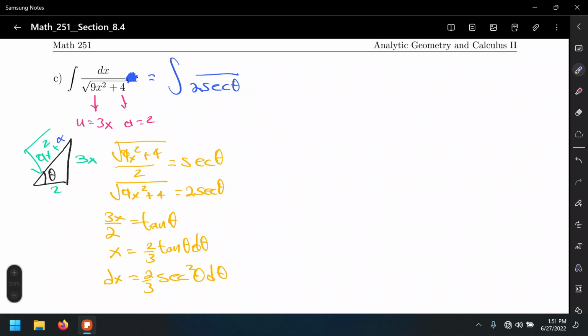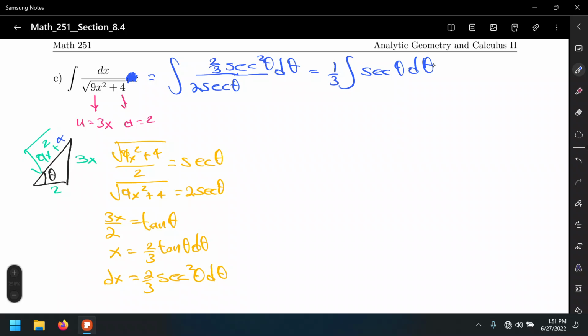On the outside, 2/3 secant squared theta d theta. All right, so the good thing, a lot of stuff cancels here. In particular, 2/3 over 2. Let me write 1/3 outside. The 2's cancel. And secant squared over secant, isn't that just secant?